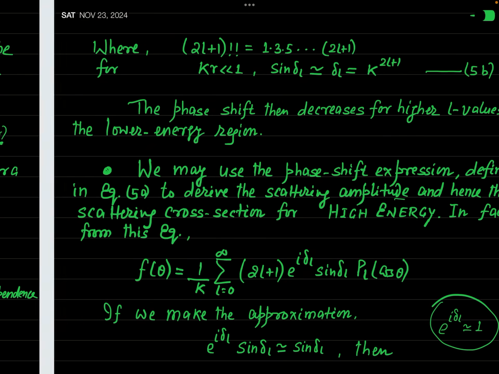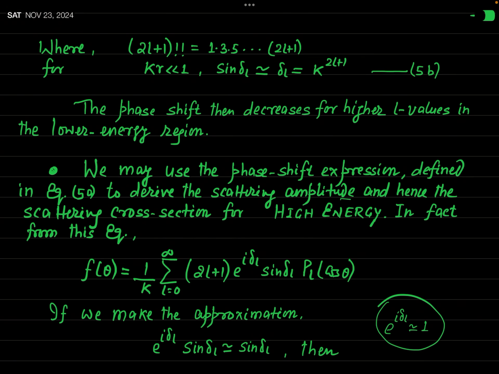Actually, you have an idea of this double factorial. When you say (2L+1) double factorial, that means 1 times 3 times 5 and so on, times (2L+1).